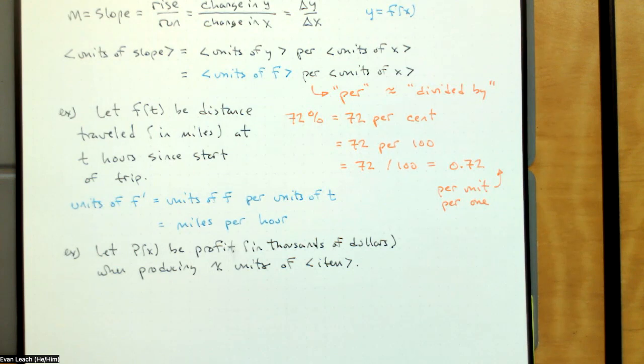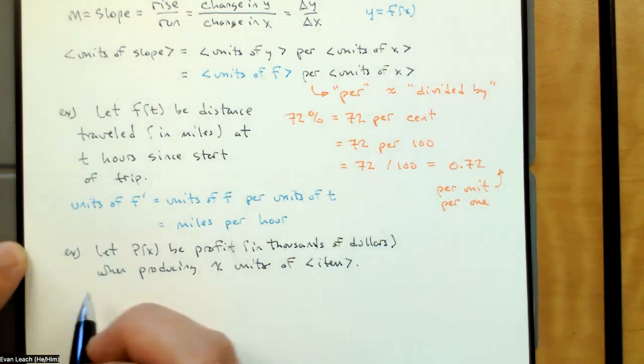Let's suppose that we have a function that measures our profits when producing a certain number of units. Our profit's going to be measured in thousands of dollars or kilodollars. I don't think we ever say that, but thousands of dollars. And x are just going to be measured in units.